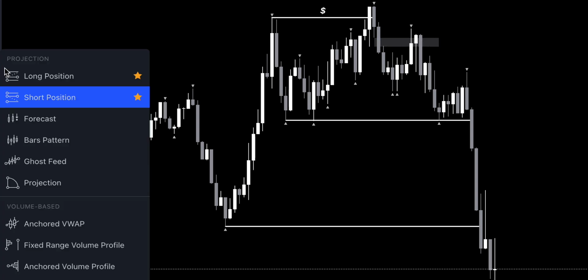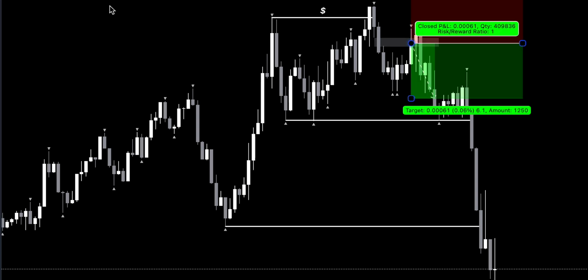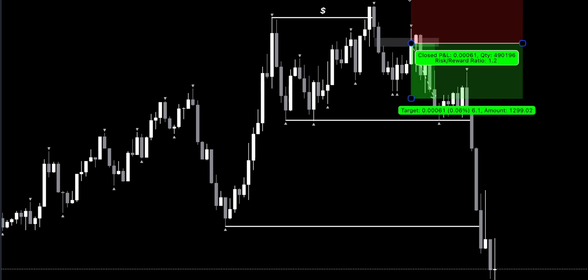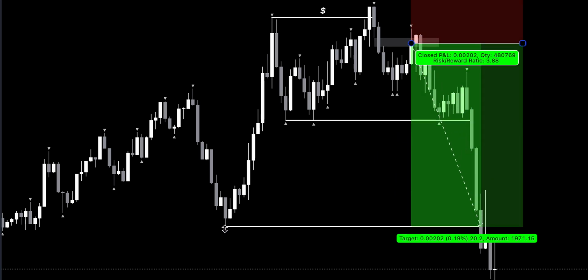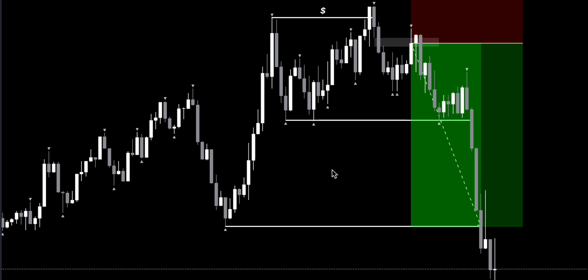Let's mark this on with a risk to reward tool. We're short here, invalidation goes above the swing high. You've got a first target, which is this first area as a point of liquidity, and then ultimately you're going to be running this down to the range lows at around a 1 to 3.8 risk to reward.